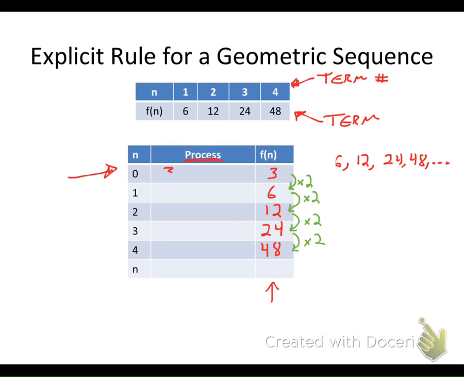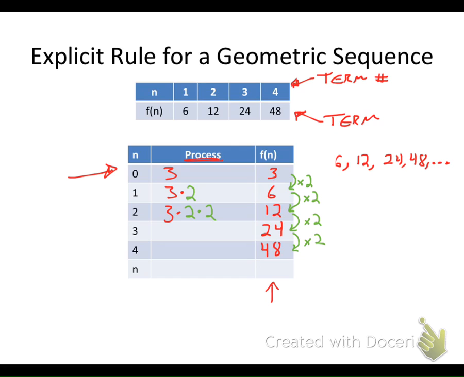So it looks like I start with a 3. And then to get to the 6, I do that 3 times 2, because that's the common ratio. That would give us the 6. And then to find the next term, we take the term before it, which is 3 times 2, and then we multiply it by 2 again.